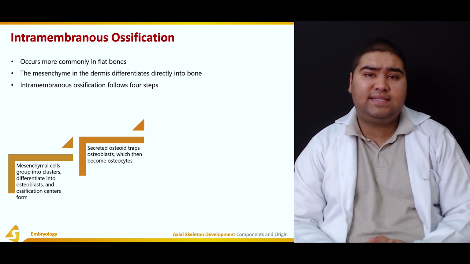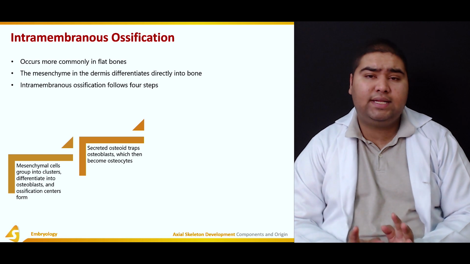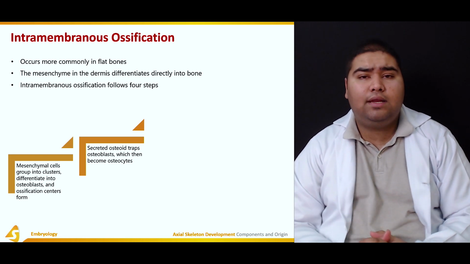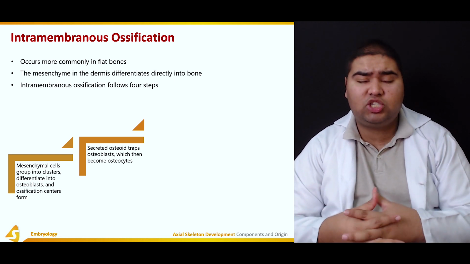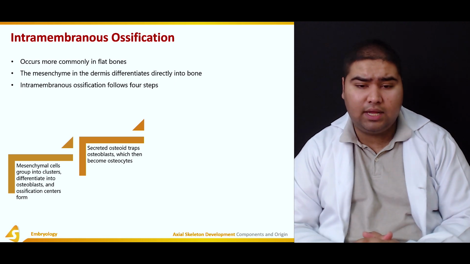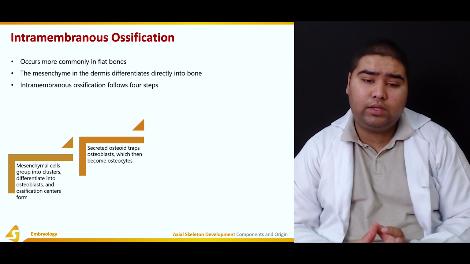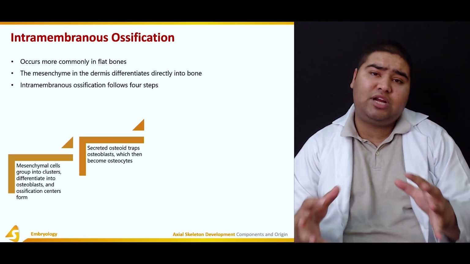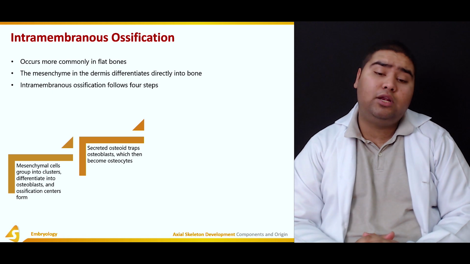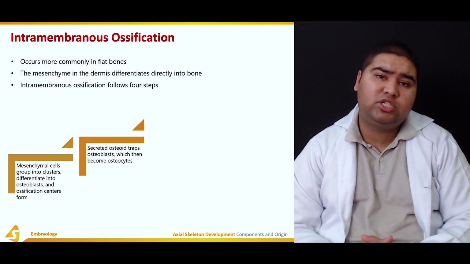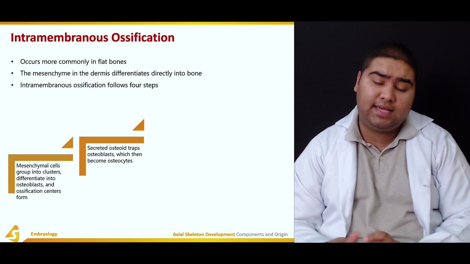This ossification center secretes osteoid. Osteoid is an extracellular matrix which is rich in bone formation material. Osteoblasts, which are trapped in osteoid, now become mature bone cells which are known as osteocytes.